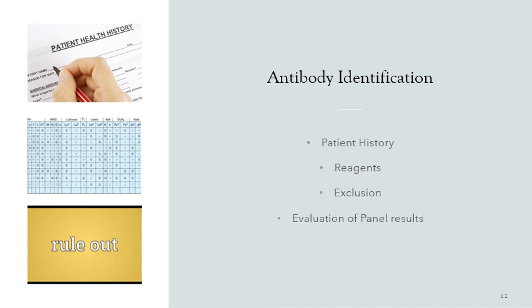So the health history of the patient is important because this provides clues for antibody identification. For example, if you know the race of the patient, like anti-U is associated with African individuals. Another example, in patient history, you will know if the patient has multiple transfusions or if she is pregnant.